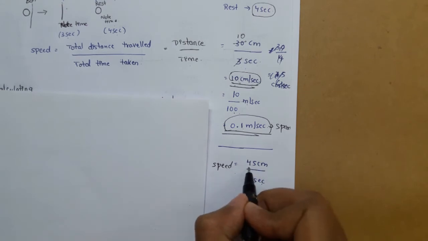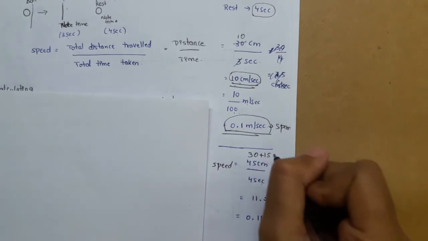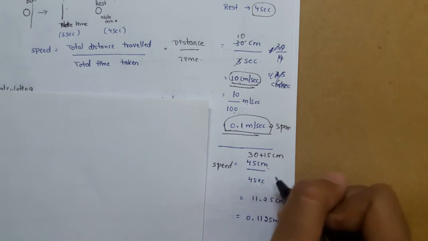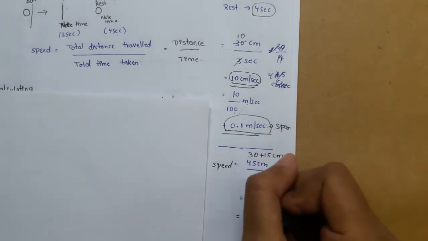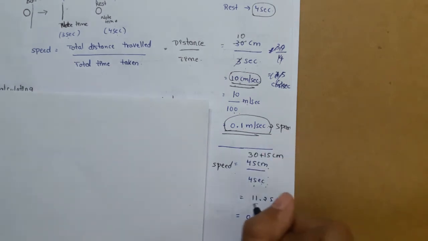So the total distance is 45 centimeter, divided by the total time taken, 4 seconds. Let's divide this and we will get the result as 11.25 centimeter per second.